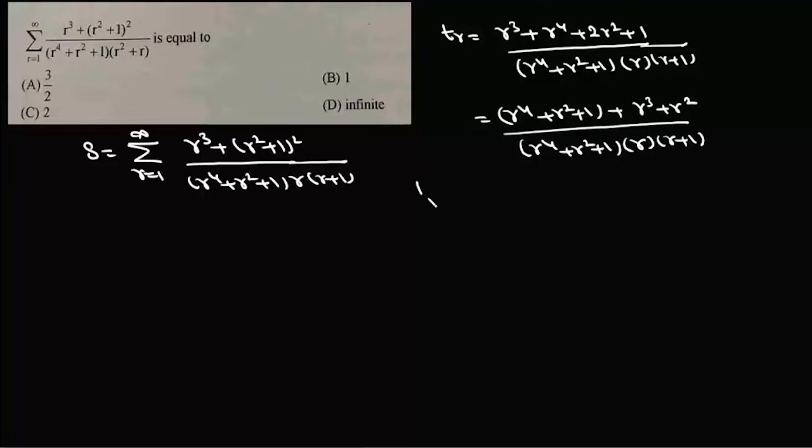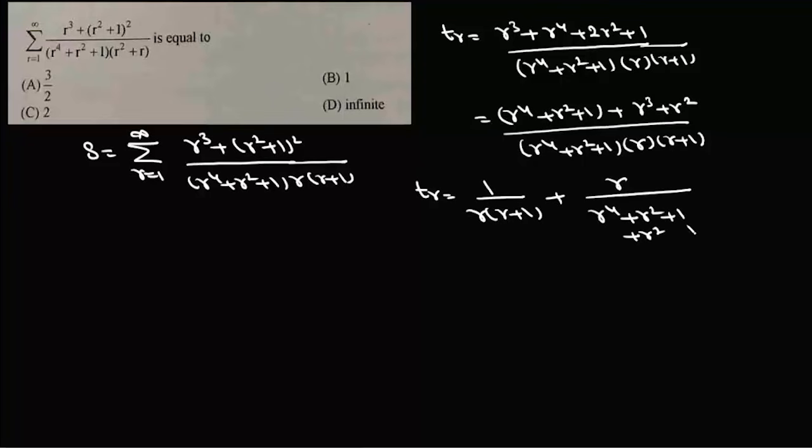Now we'll split this. So we can write tr here, r to the power 4 plus r square plus 1 will cancel. So we get 1 upon r into (r plus 1), and here r into (r plus 1) will cancel. So we get r upon r to the power 4 plus r square plus 1.